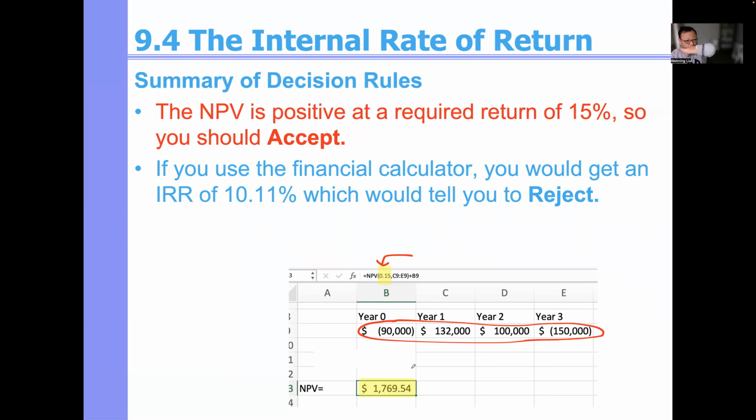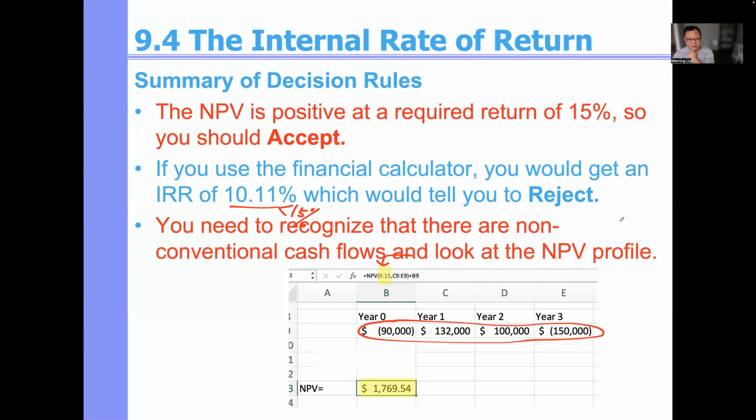If you use the financial calculator, however, you will get an IRR of 11.11%, right? And this is smaller than 15%, which is the required rate. So therefore, you will reject it, right? So it's interesting why the internal rate of return can be challenged, right? Because of the math.